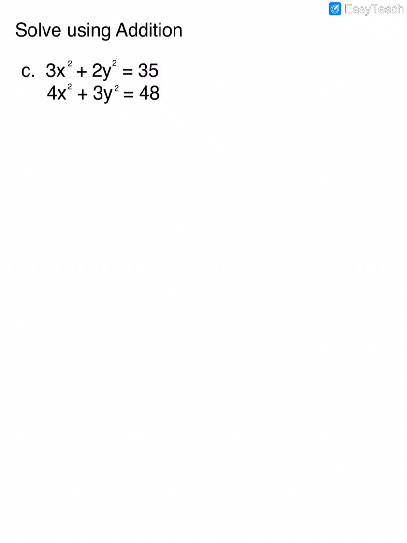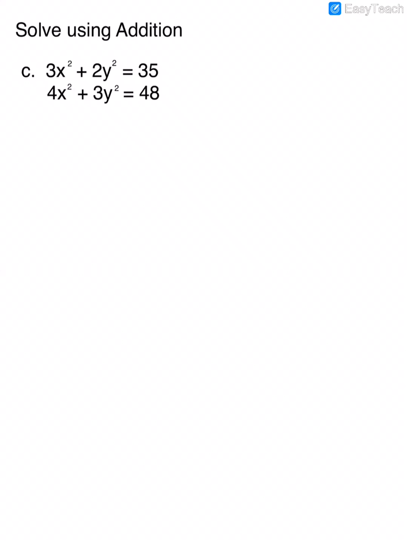Now let's try solving a system of nonlinear equations in 2 variables using addition. So when we're using the addition method, we have to make sure that both equations are in the same order, meaning that our like terms line up so that we can add the 2 equations together.